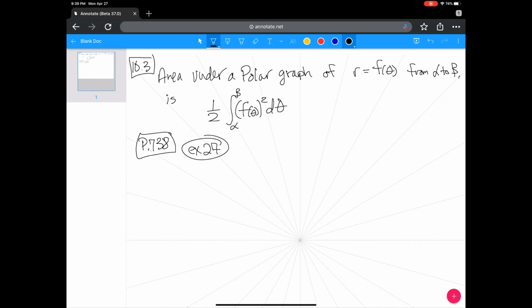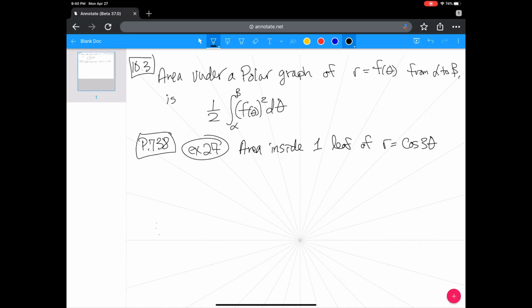So in 27 we're supposed to find the area of the region inside one leaf of r equals cosine 3 theta. So first we want to make a sketch of this, and I assume it's going to produce some leaves.